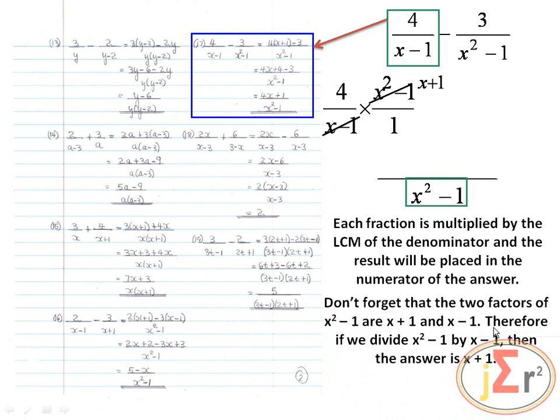Therefore, if we divide x squared minus 1 by x minus 1, then the answer is x plus 1, because these are the two factors of this. When we say this cancels with this, one is left, and we have it right there.